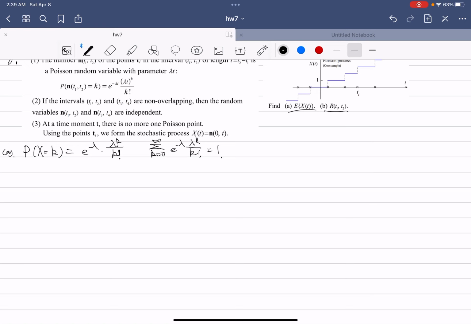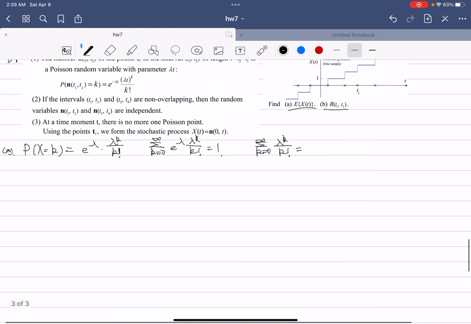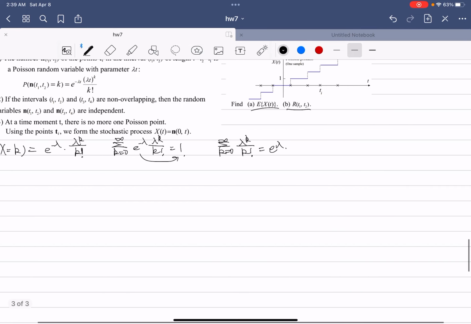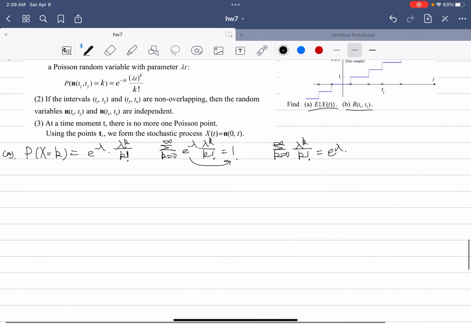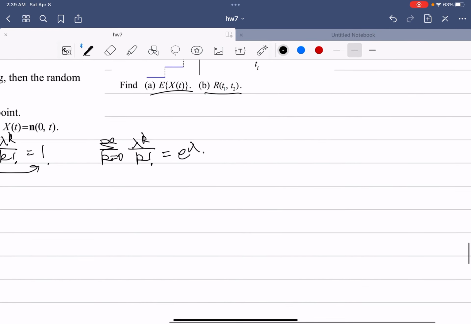So the sum from k to infinity of lambda to the power of k divided by k factorial will be e to the power of lambda.